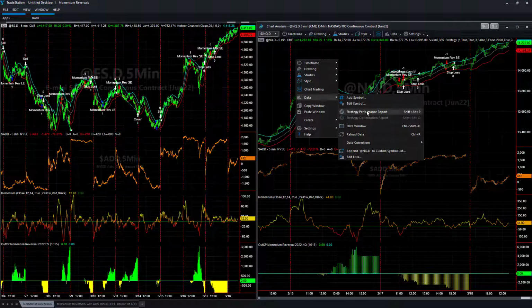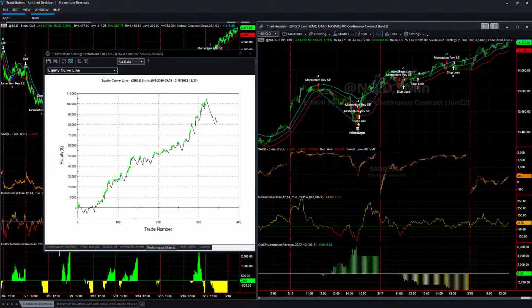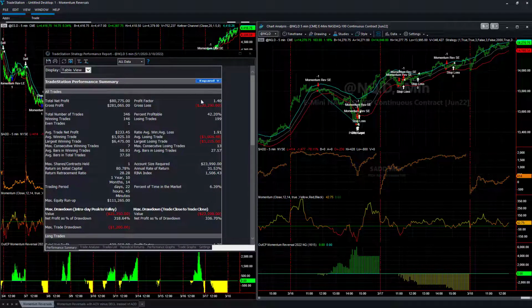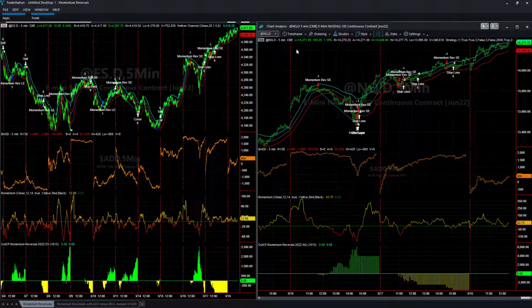So let's take a look at the performance summary, and the overall results are worse with a profit target. While it improves the results on Wednesday's trade, the results overall are worse when we try to micromanage it. So profit targets overall and trailing stop losses overall do not help.